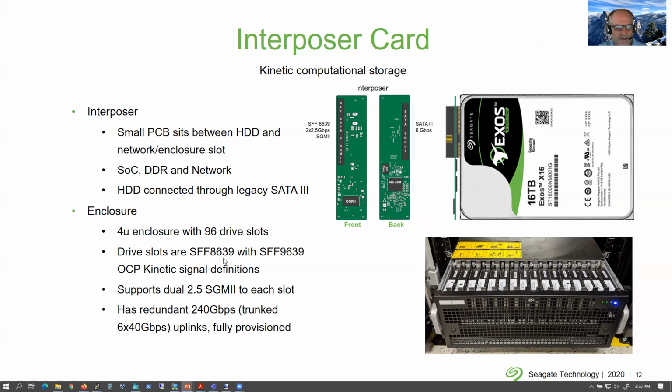Each of the drive slots is compliant to SFF-8639 and 9639. They support 2.5 gigabit to each slot, so they're dual redundant Ethernets to every slot. And it has redundant 240 gigabit per second uplinks to the top of rack switch. So this provides us with the hardware we need to do the testing.